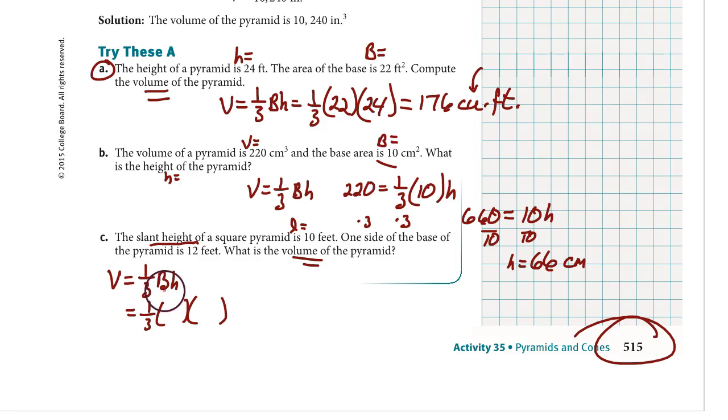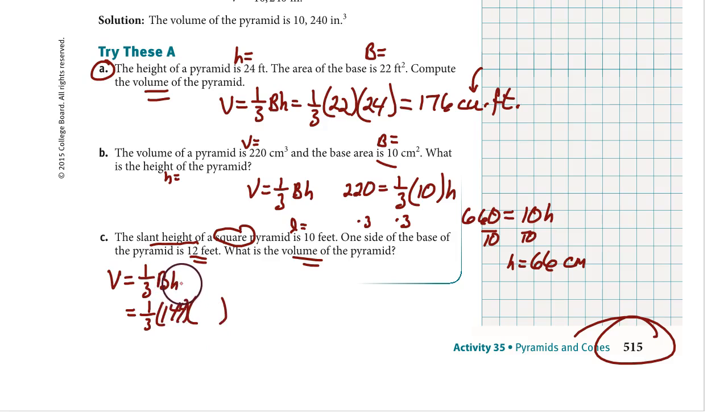Does it tell us the area of the base? No, it doesn't. We know that the base is a square, and we know that one side of the base is 12. But you have to think about this shape. You have a square, and one side is 12. Then so are the other sides. So the length of the square is 12, and the width is 12. What is the area? That would be 144.